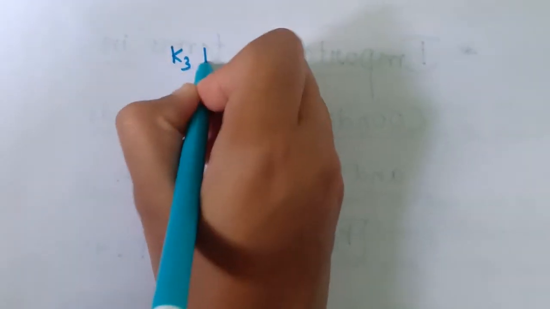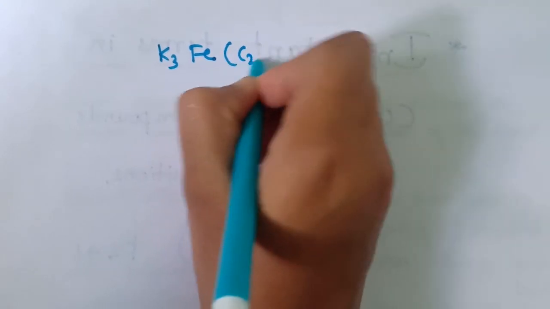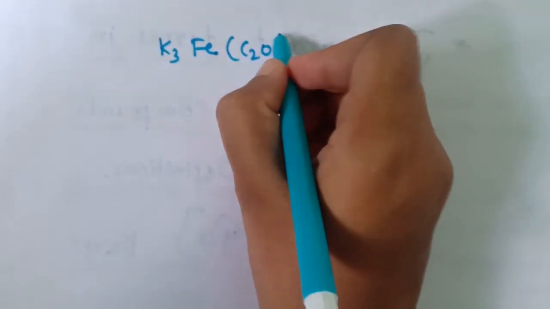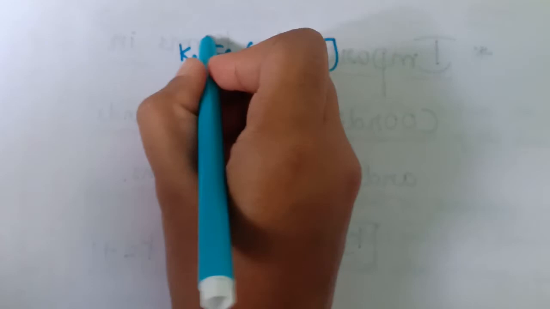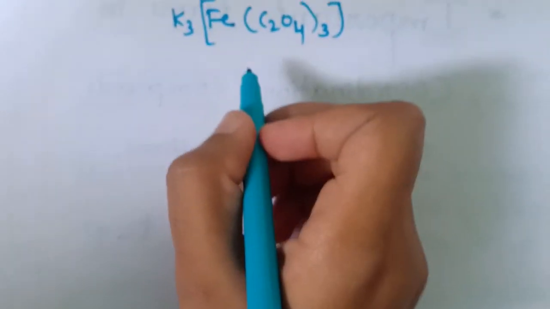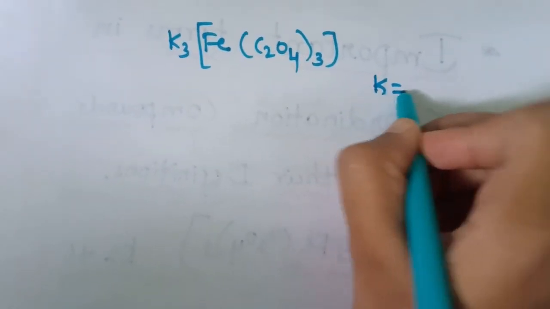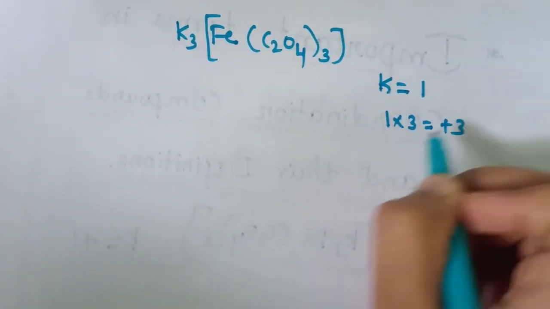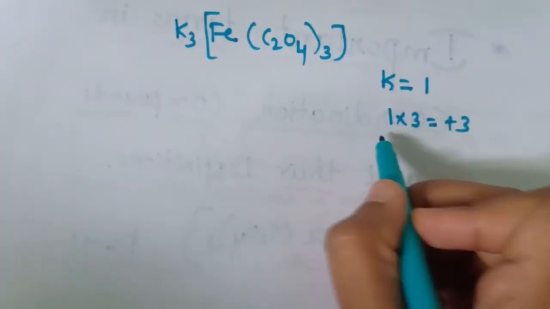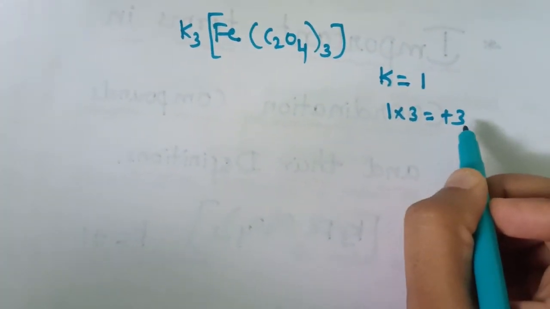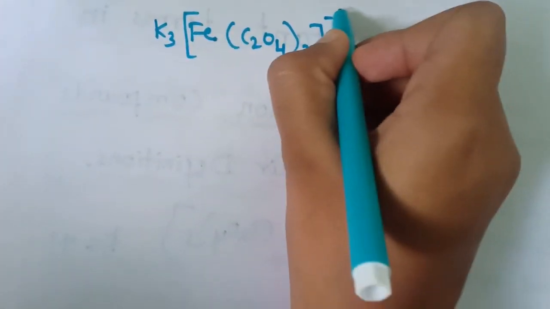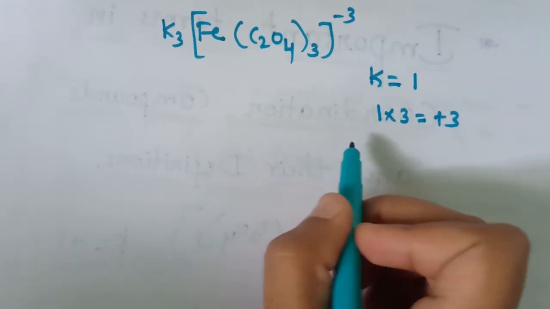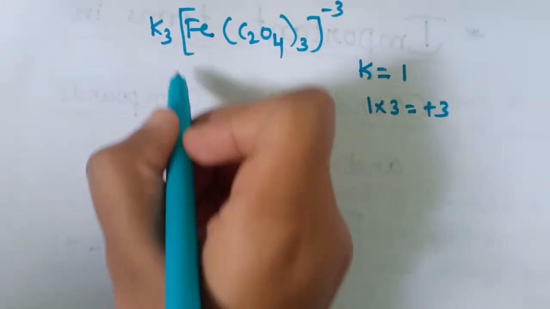We shall consider another example for a positive counter ion, that is K3[Fe(C2O4)3]. Here the counter ion K has 1, and 1 into 3 equals plus 3. How many K are there? 3. Here the complex has the charge minus 3, exactly opposite of the counter ion. Here we don't know Fe.